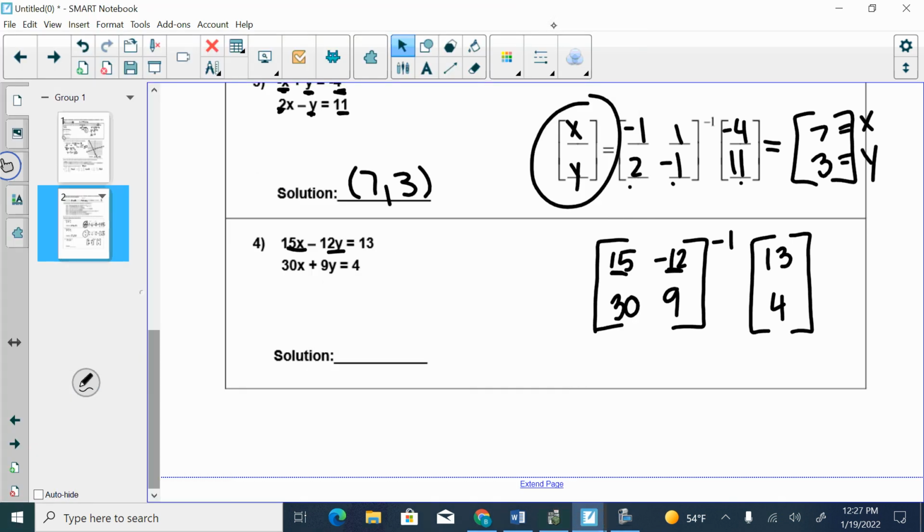Okay. So this was equal to 0.3 repeating and negative 0.6 repeating. Okay. All right, we don't want to leave our answers as decimals because this is something I'm trying to plot, right? So we want to convert to a fraction.